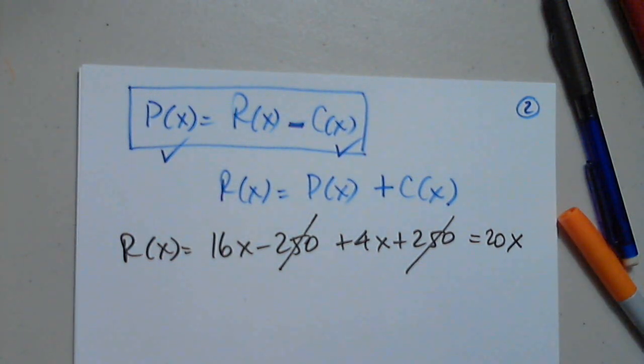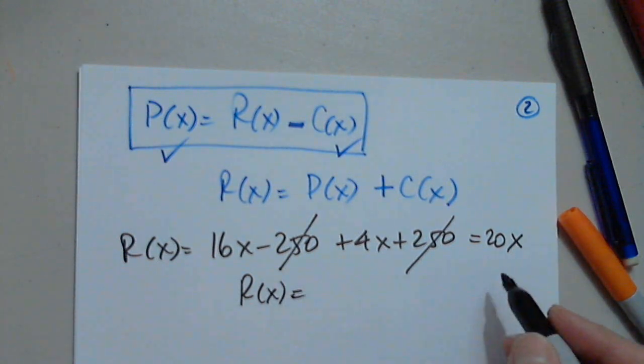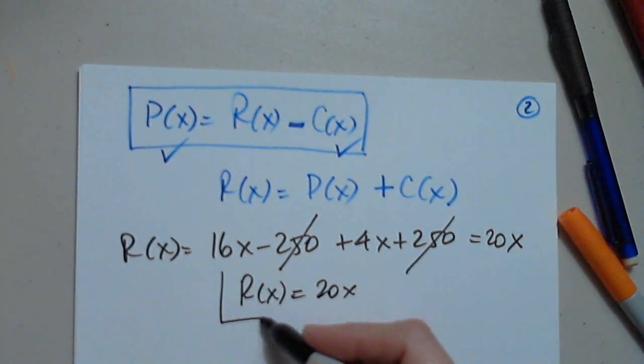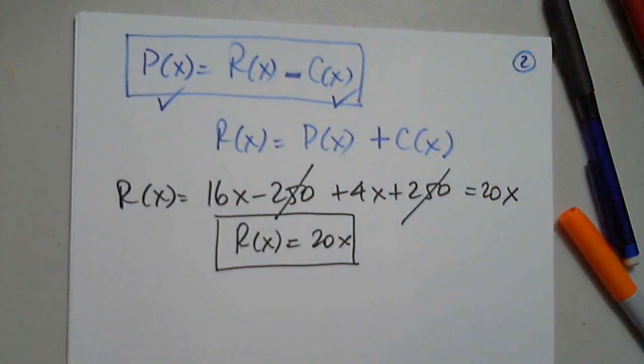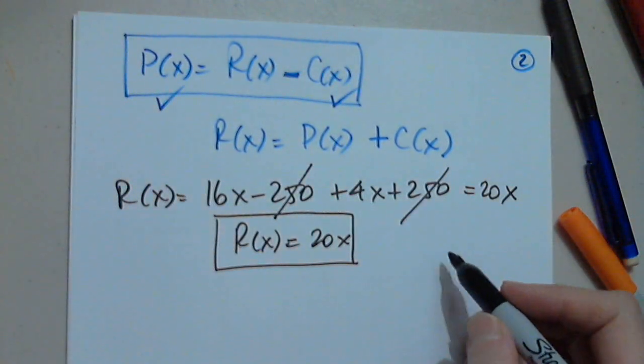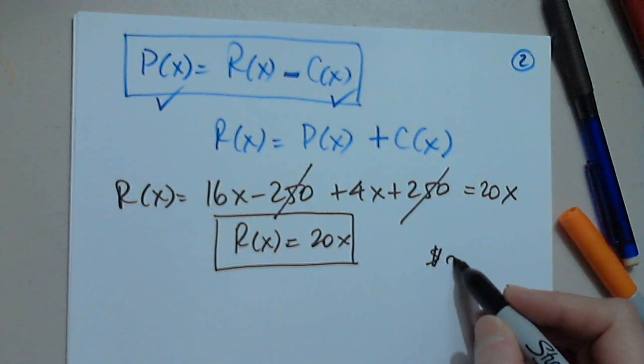Now remember the last part of the question. How much does he charge per lawn? So the revenue equals 20x. From here, can anyone tell us how much he charges per lawn? He charges 16.